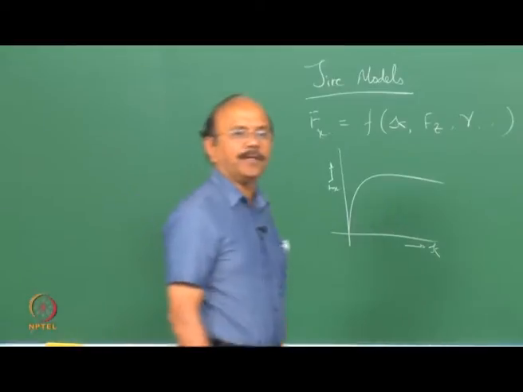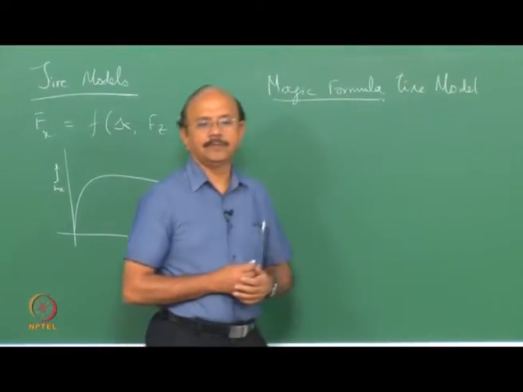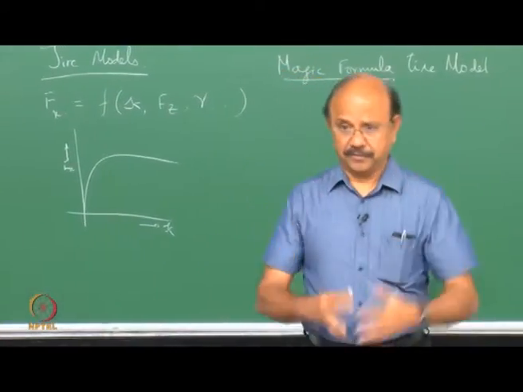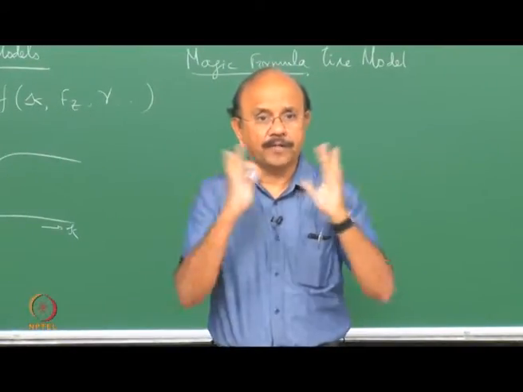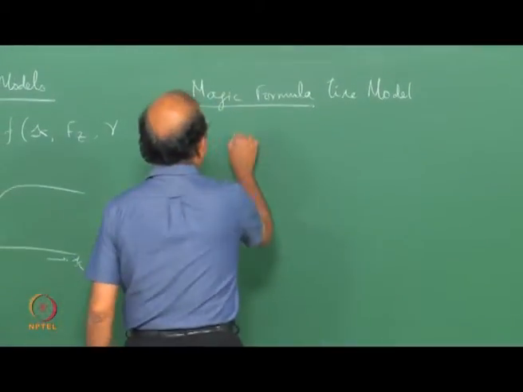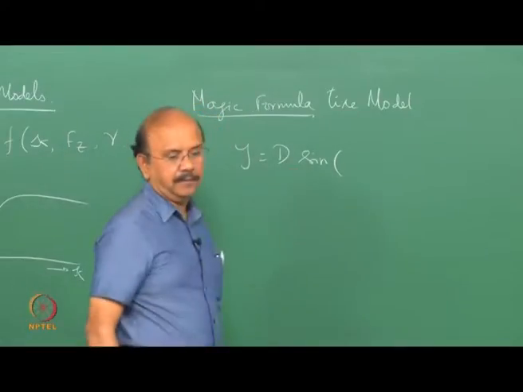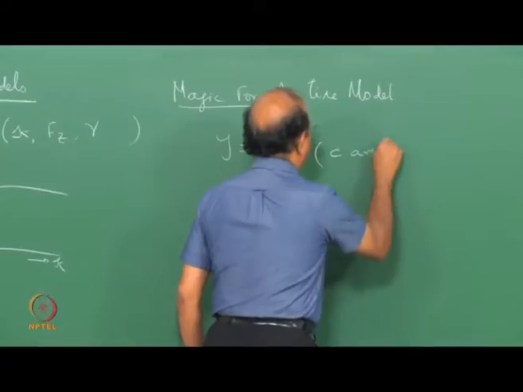It is called a magic formula because this formula, which I'm going to write down now, can be used for all the 3 curves. In other words, the form of the equation is the same, which I can write down as y is equal to D sin(C arctan(Bx − E(Bx − arctan(Bx)))).